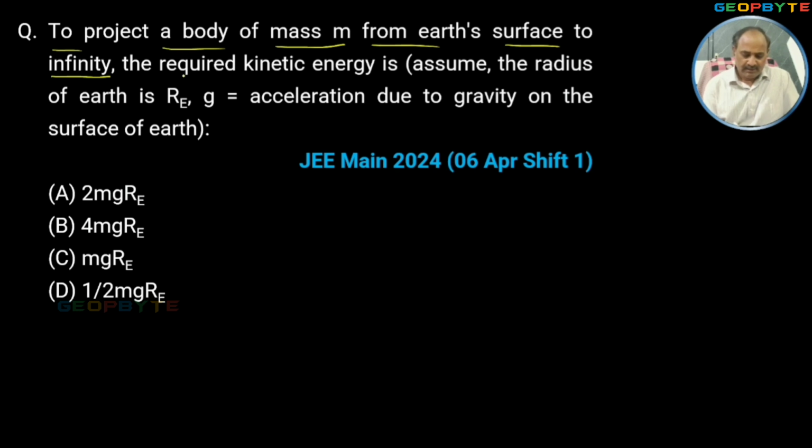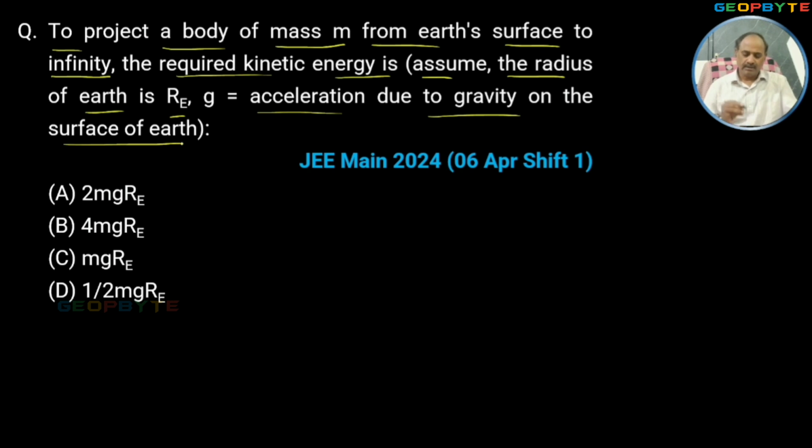The required kinetic energy is, assume the radius of Earth is RE. g is the acceleration due to gravity on the surface of the Earth. As you know, the kinetic energy K in terms of escape velocity is half into mass of the body into square of the escape velocity.